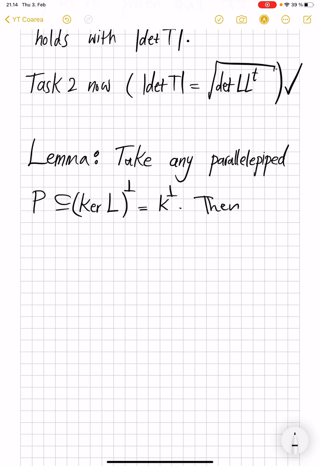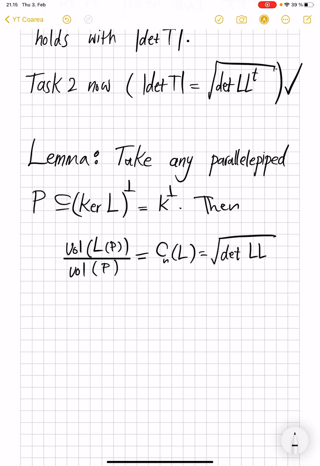Then the volume of LP divided by volume of P, so by these I mean n-dimensional volumes of these sets, equals this Coarea factor, which is again the square root of determinant of L L transpose.